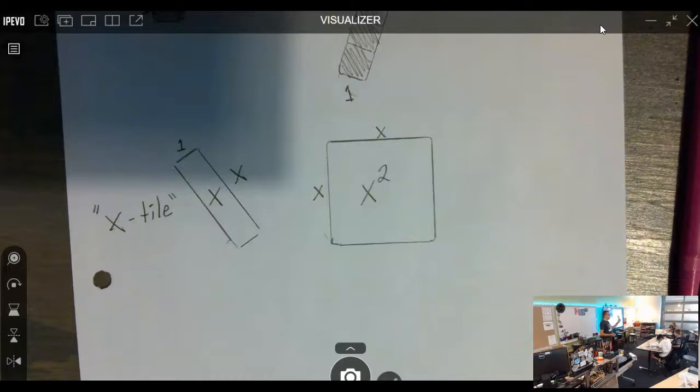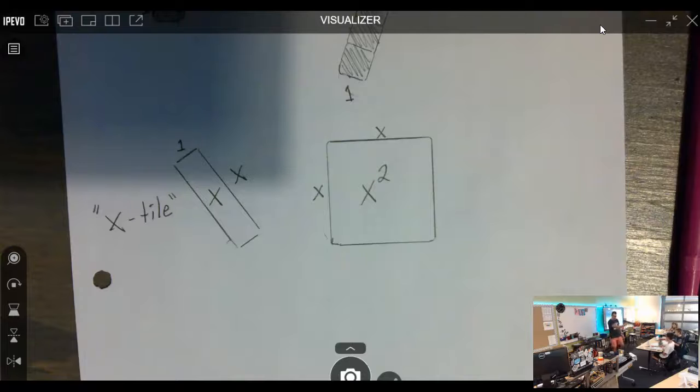So the only way that X squared is related to X is if X is the edge of your square. If I shrink my X down to be the edge of the square, then this is X squared. If my X gets bigger, this is now not X squared. X squared will be bigger. It could be Y squared.